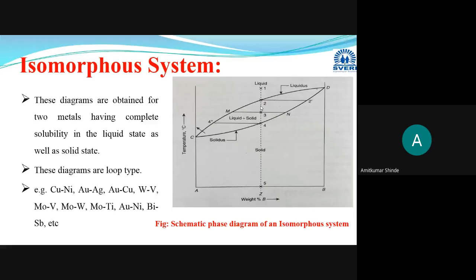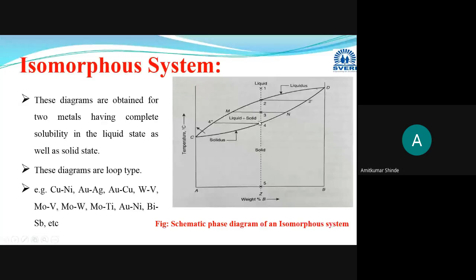As temperature is falling, solidification is more and more. Then slowly when it reaches point 4, the solidification process will be completed, meaning all liquid will get transformed to a solid. During this region 2 to 4, your alloy will be in liquid plus solid. Some amount of liquid will be there and some amount of solid will be there.